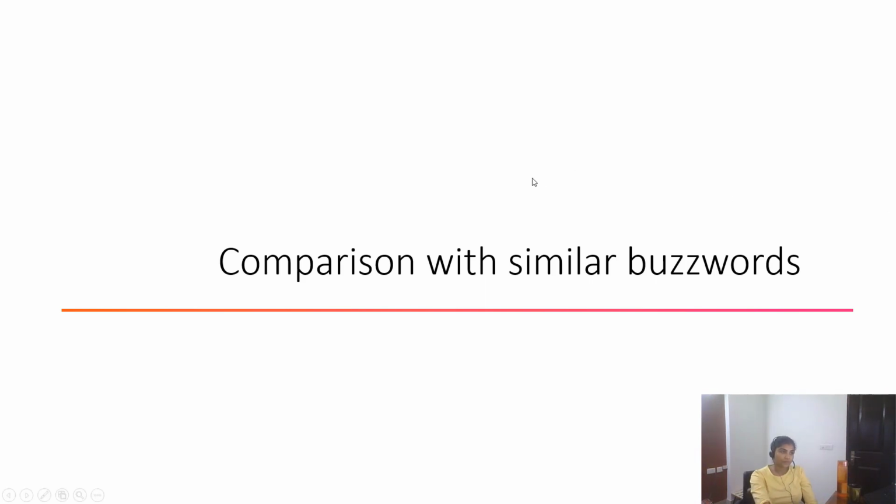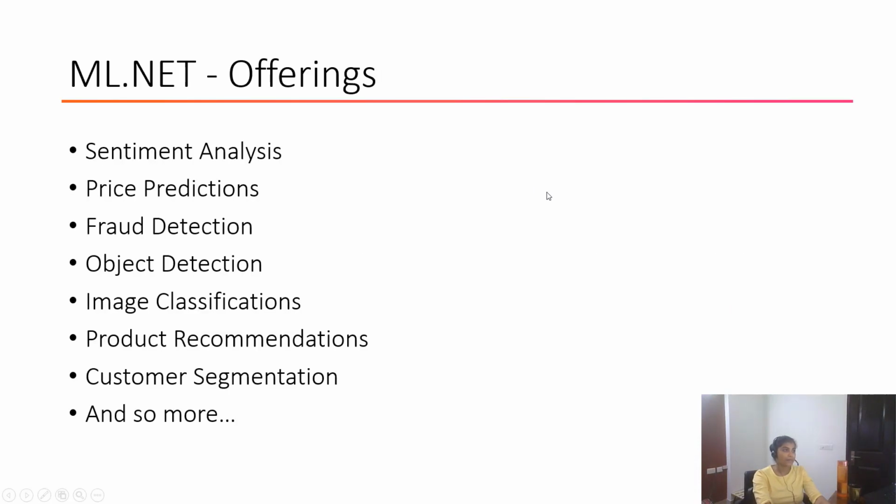So having said that, let's see what all offerings ML.NET gives to us. These are a couple of offerings which I have just listed, which we, as technology people, know, and have somehow used in one application or the other.